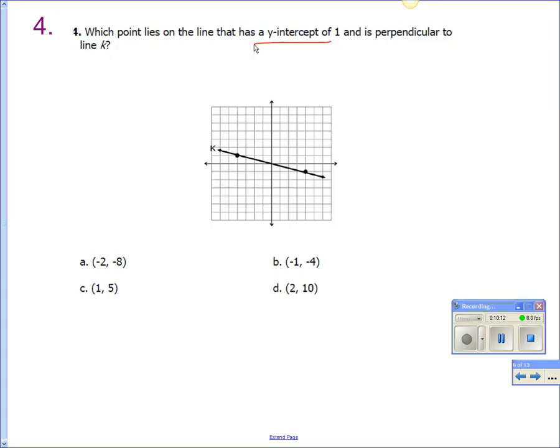Julius, how could I write a y-intercept of 1? 0, 1. And Allison, what does perpendicular mean? Flip and change the what? The slope. All right, flip and change the slope. What are we flipping and changing the slope of? This line. Okay, we need to find the slope of this line.